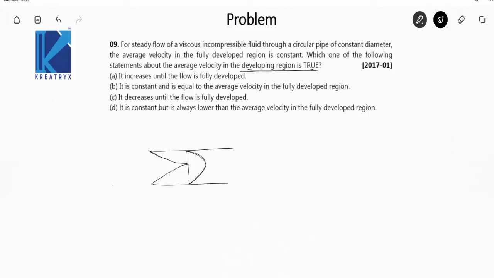It is not constant. So the option will be C, that it decreases until the flow is fully developed, because boundary layer retardation increases and hence the velocity keeps on decreasing.